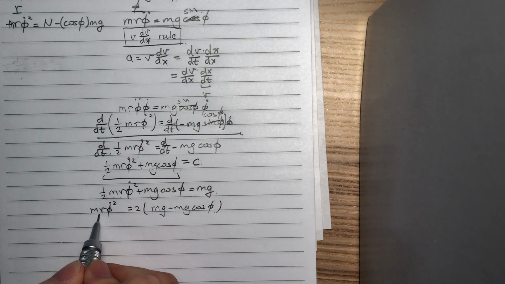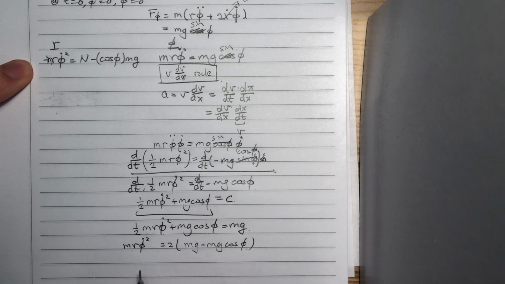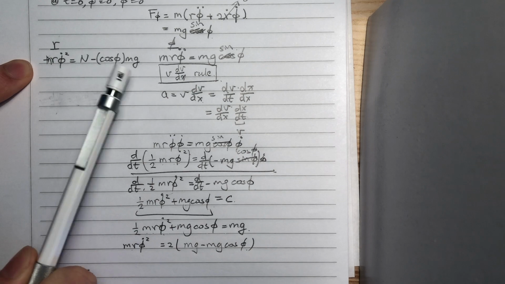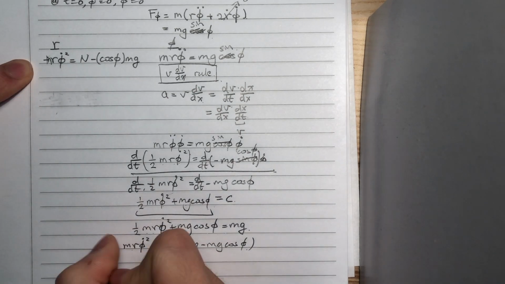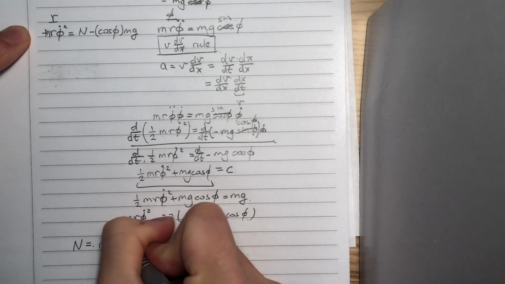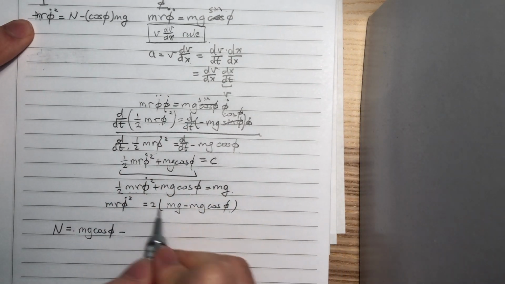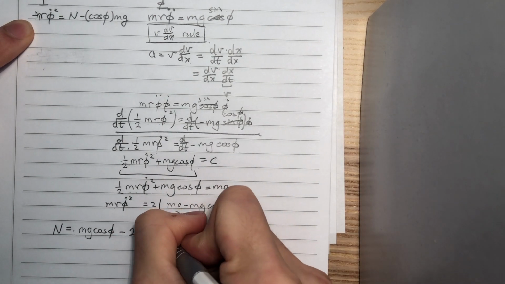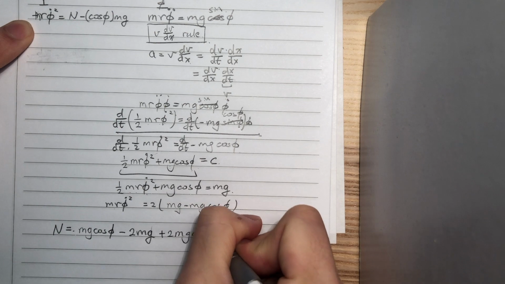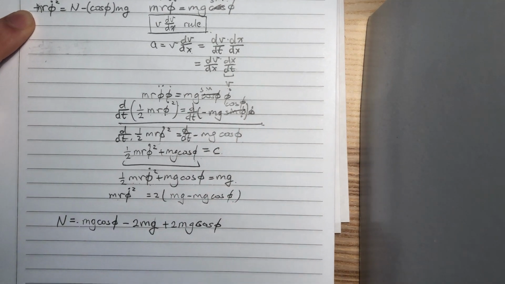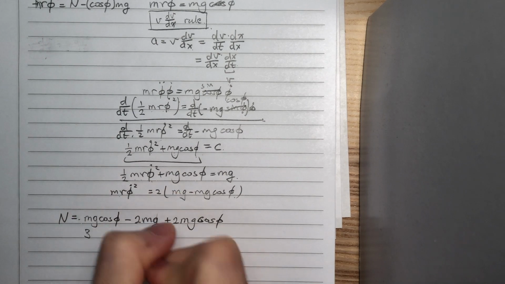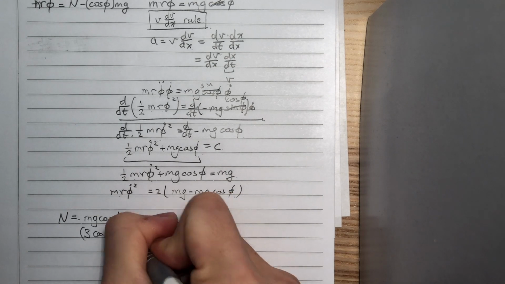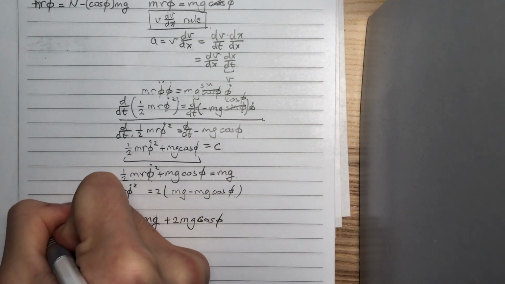Now we'll put this into this equation here. My N would be cos phi mg minus this term, so mg cos phi minus 2mg plus 2mg cos of phi. So we will get 3 cos of phi minus 2, all multiplied by mg, which equals N.